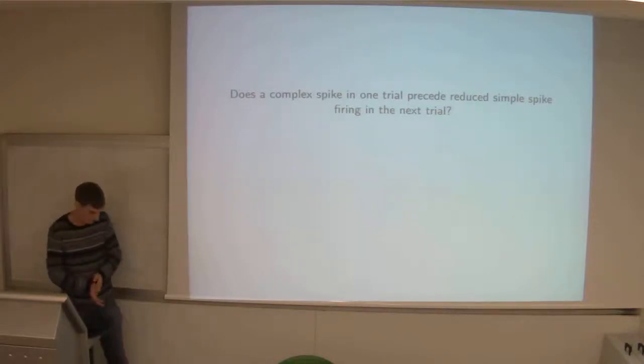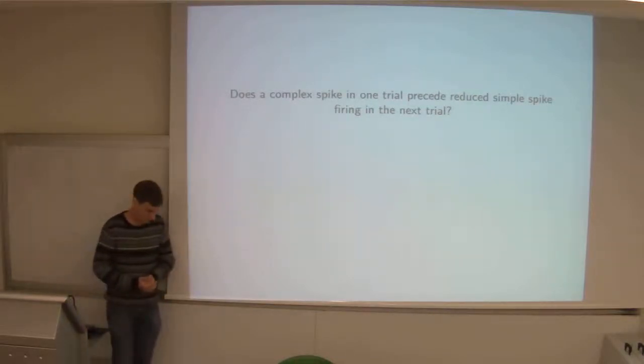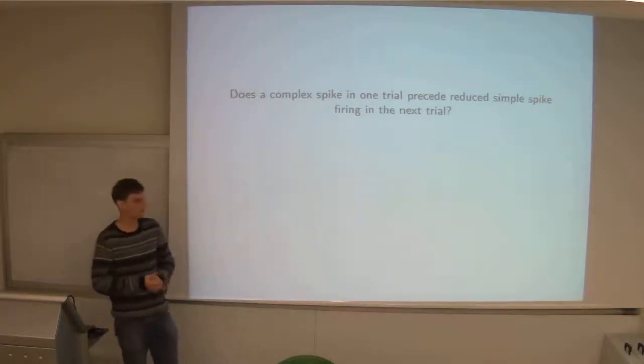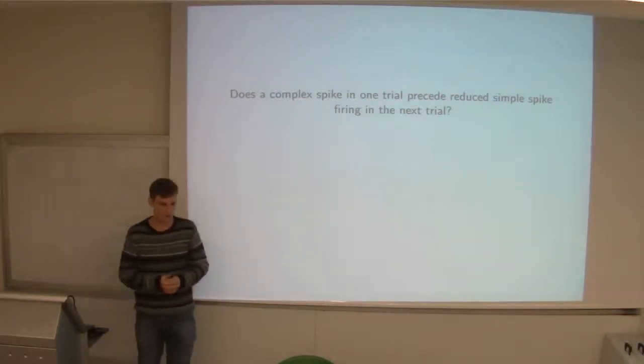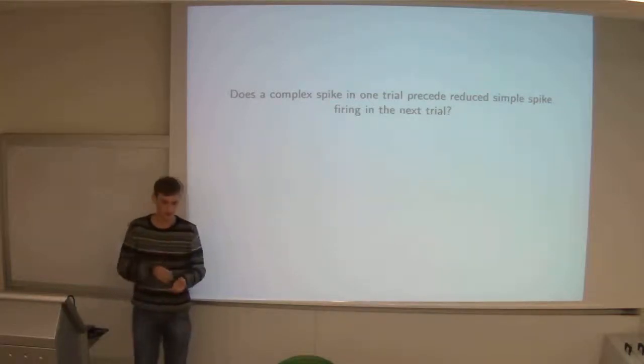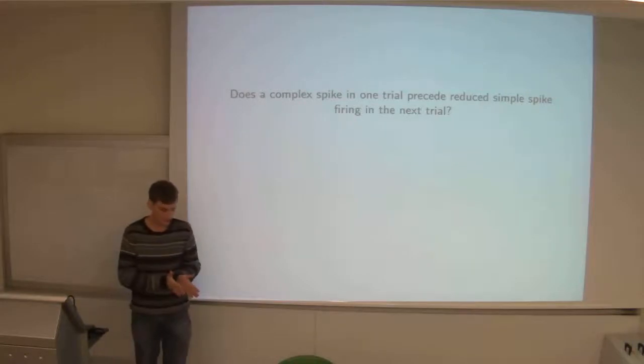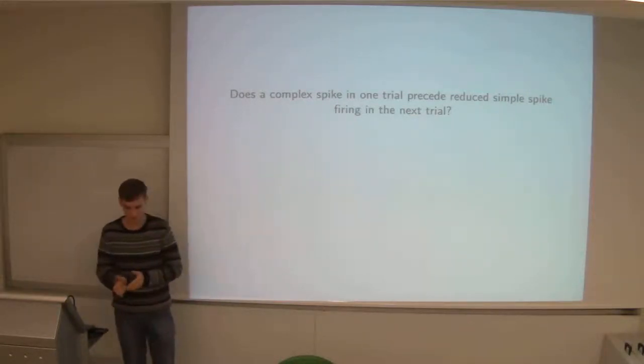Okay, and now after all these correlations, they come to what they think is their most important point. They look at individual trials, individual pairs of trials. In the first trial of the pair, there's a complex spike, and in the second trial of the pair, there's no complex spike, or there's no complex spike in either.